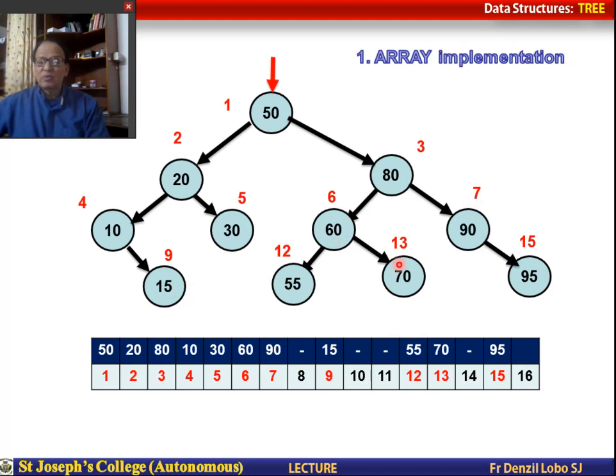Then 55 and 70 are in 12 and 13. Again, the 14th location is empty, and the 15th location has 95. So this is the array implementation of the tree data structure, from 1 to the respective locations. We use that especially in heap. We use the array implementation.